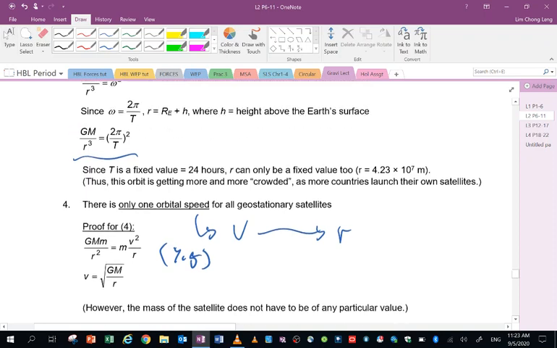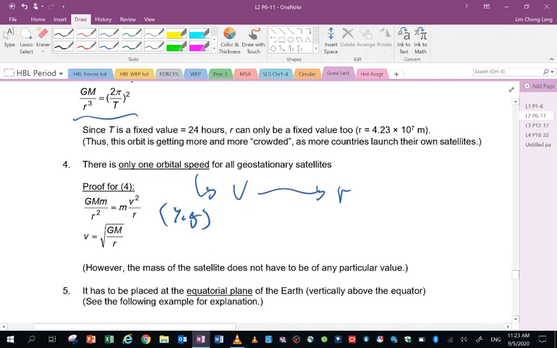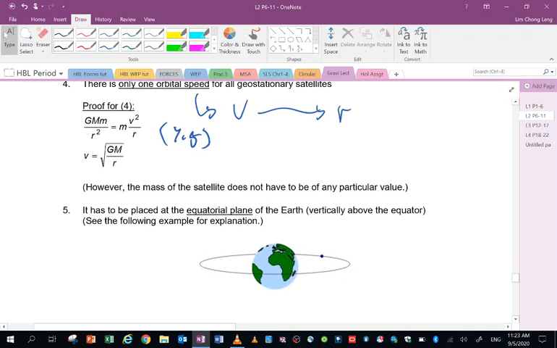You better go and learn how to derive all these. Okay, number 5. A geostationary satellite has to move along the equatorial plane. You saw in the video that this geostationary satellite must be in that plane.